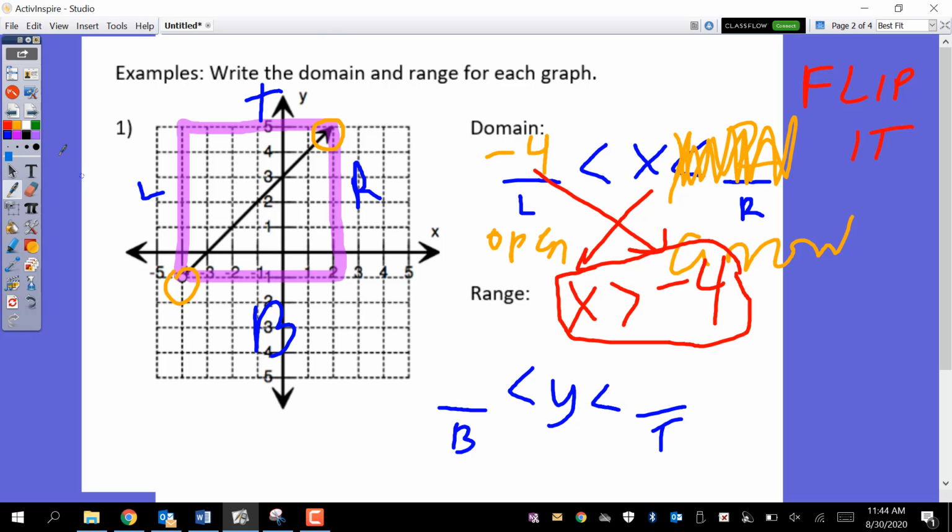I can see that it's -1, and that point is open, so I leave the symbol alone. My number on top is +5, and it's an arrow.